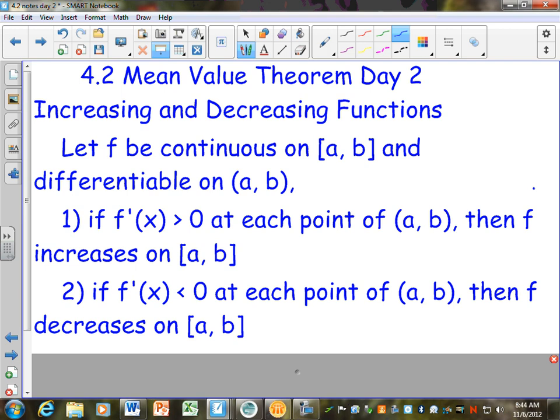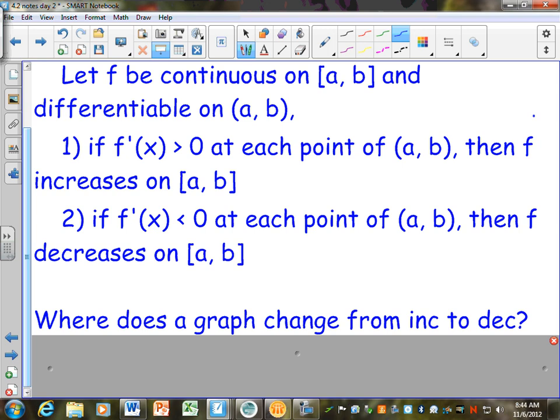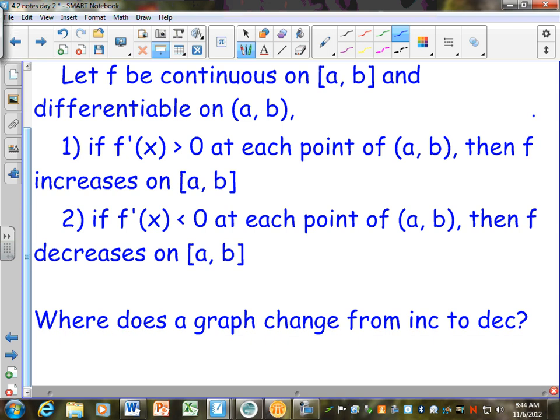So we're going to get a little bit closer to telling what our graph looks like without graphing it. Oh look, we just answered that. Where does the graph change from increasing to decreasing? At relative max and mins, AKA critical points.